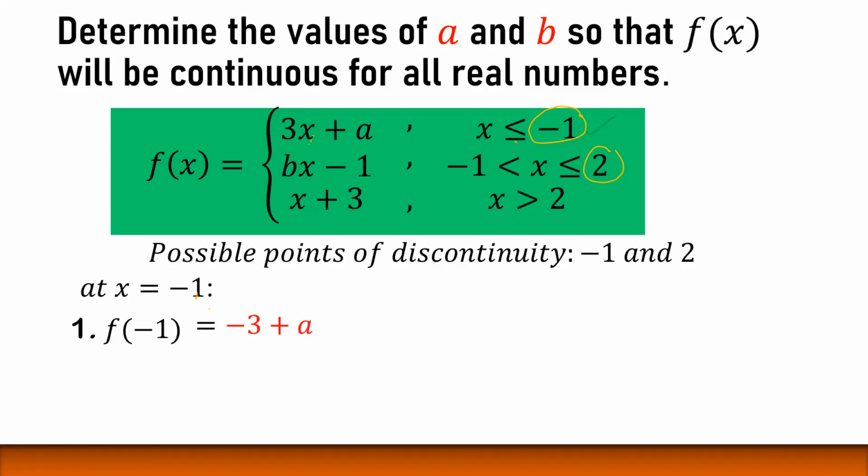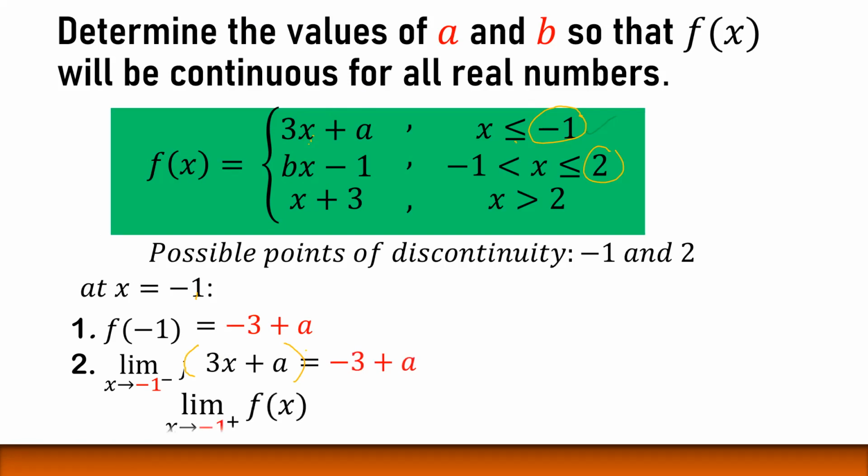We cannot check it right away kasi we don't have the value for a yet. Yun yung hahanapin natin. So for number 2, kunin natin yung limit from the left of negative 1. Ito yung gagamitin natin. So we'll replace our f of x by 3x plus a. Again, we need the parentheses here. This will be again negative 3 plus a.